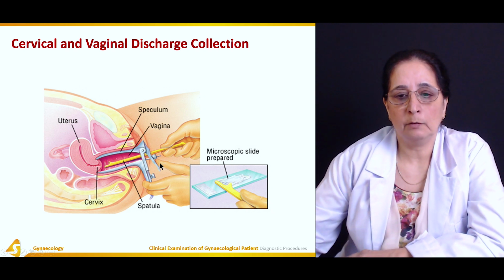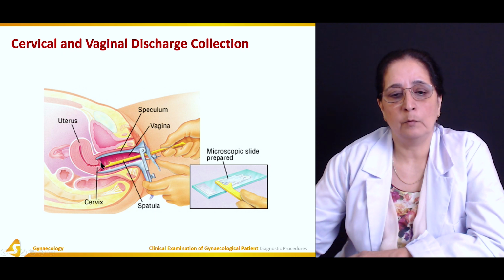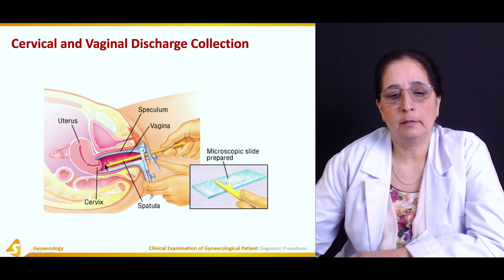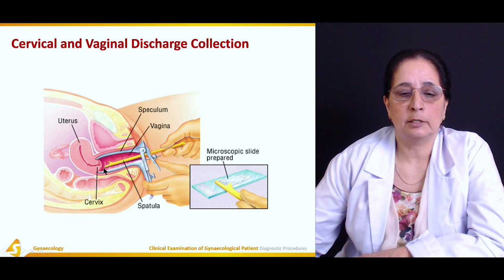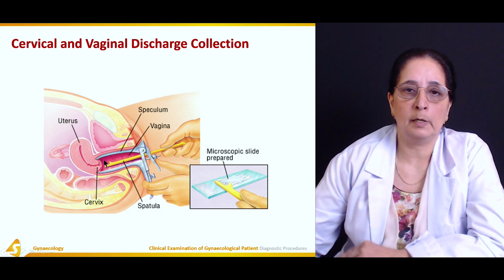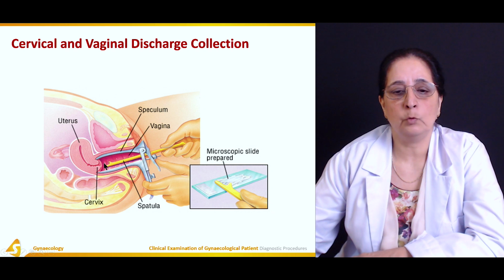So a wooden spatula is used for the scraping of the cervix, to examine any discharge or any abnormal changes in the cells of the cervix and vagina.